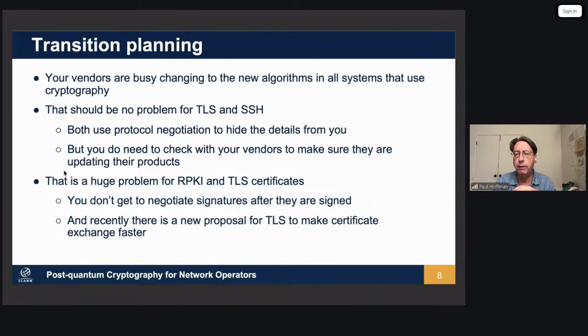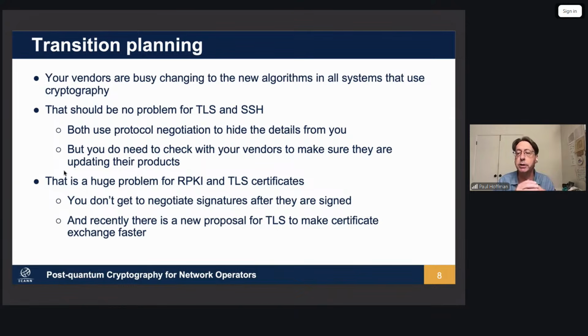One of the things that you have to keep in mind is if they silently add a new algorithm, you may need to make some configuration changes to actually use the algorithms, to not keep using the old ones. So that is a thing to keep in mind, and you need to keep in contact with your vendors about that.